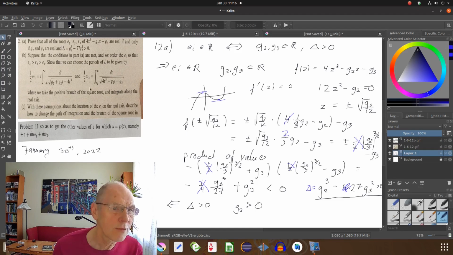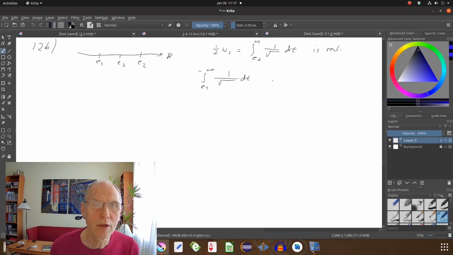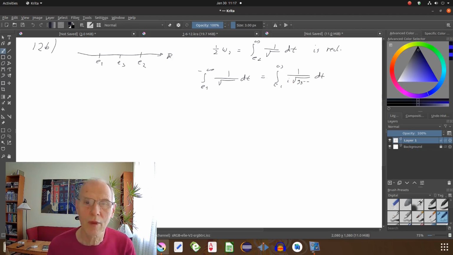So the stuff under the square root will be negative. So we change its sign, and then we get I down here. And that gives a minus I up here.